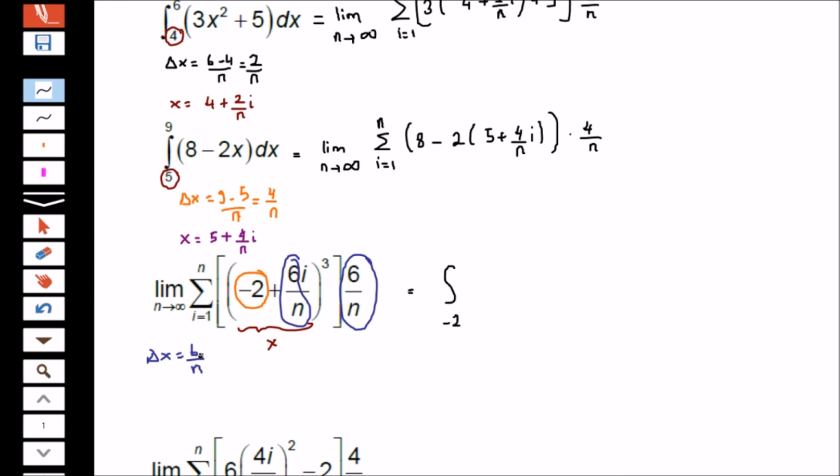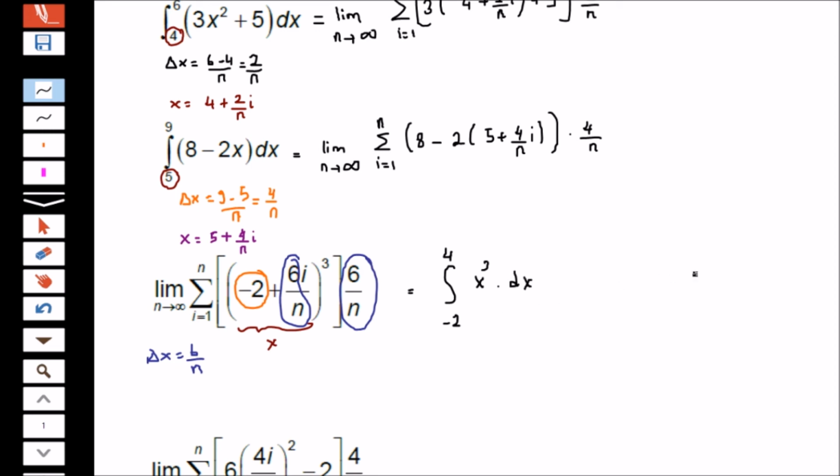Since delta x is 6, to find the upper bound, you can directly add delta x. Minus 2 plus 6 will be 4. And minus 2 plus 6i over n is x, so I will write x here. We have x cube times 6 over n, which is delta x, meaning dx.